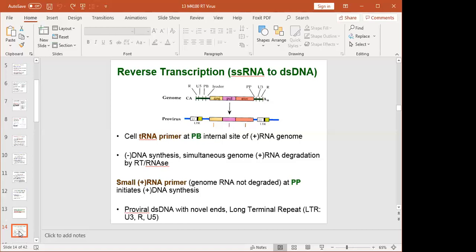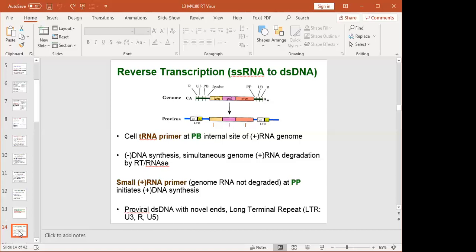So we are making from the 5' end. Then a small positive RNA primer, which is actually a little region of the genomic RNA that was not degraded, will serve as a primer that binds to the polypurine tract on the 3' end and initiates positive DNA synthesis.